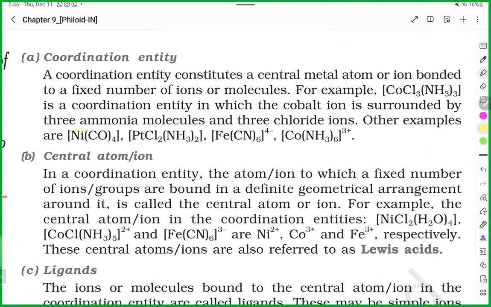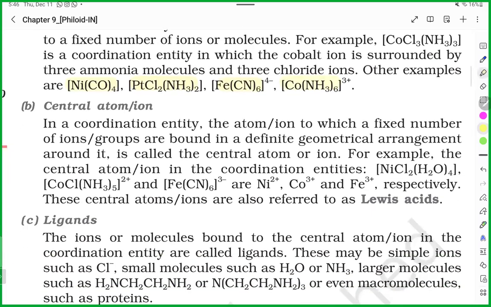Whatever is present inside the bracket is the coordination entity. In this coordination entity, the metal part is known as the central atom, like platinum, nickel, iron, or cobalt.